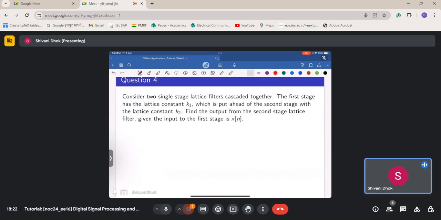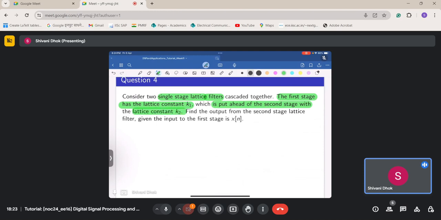Okay, so this question says to consider two single-stage lattice filters cascaded together. The first stage has the lattice constant K1, which is followed by the second stage with the lattice constant K2.